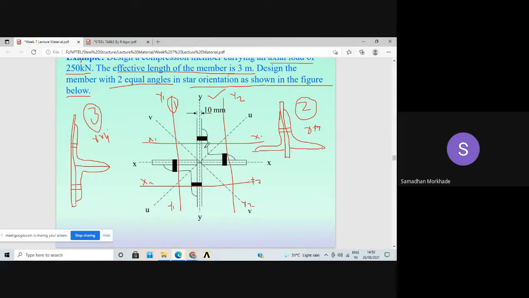Now for the single angle sections, this is our combined VV axis. Similarly, this is V1 and this is V2, the second axis. That's why the parallel axis theorem has been applied to IXX, IYY, and IVV. Now think about the UU axis. For this, the combined UU is here.